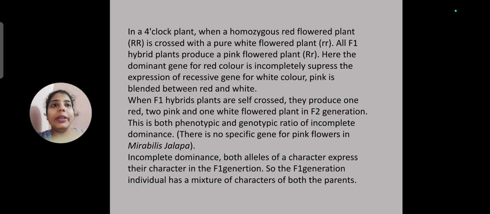Capital R is the dominant gene and small r is the recessive gene. The homozygous red flower plant and the homozygous pure white flower plant interact with each other.